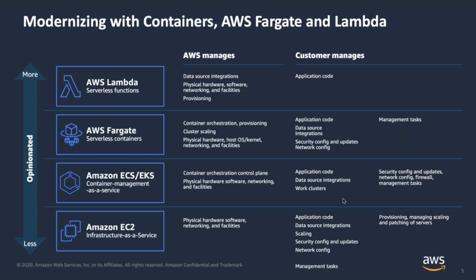So with each one of these, there's a different trade-off to make in how much control you have over the application, and also how much AWS takes on your behalf, and how much work we ultimately save you. Different development teams and different applications are appropriate for different aspects of this, but really anywhere you can get on this spectrum is a step in the direction of modernizing your application and seeking the benefits that I just mentioned.